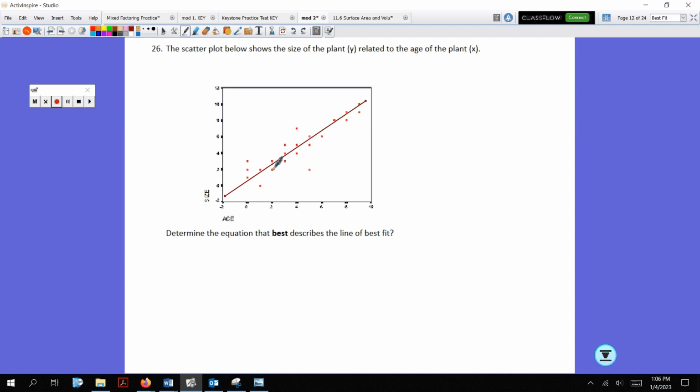So if I look here, two, that's not the best. And then I'm like, okay, what about four? This seems super linear here.